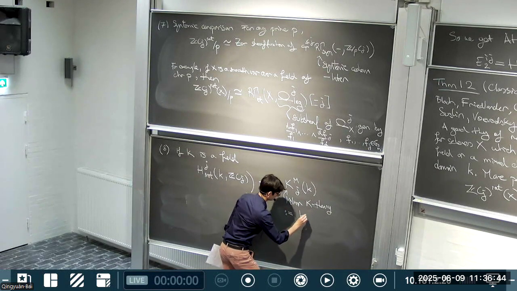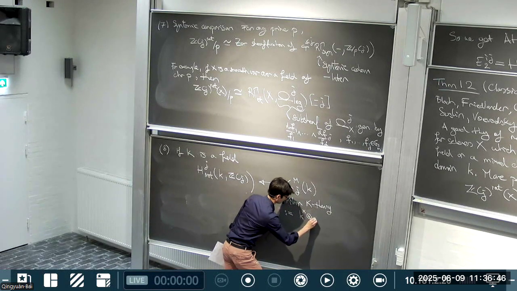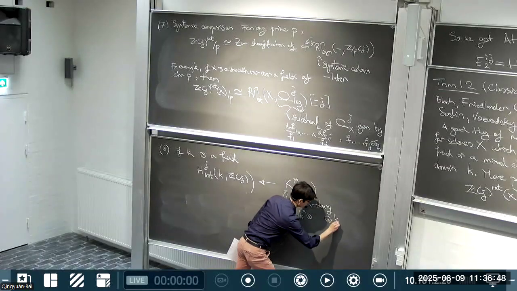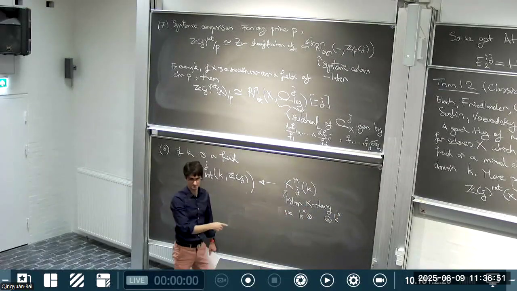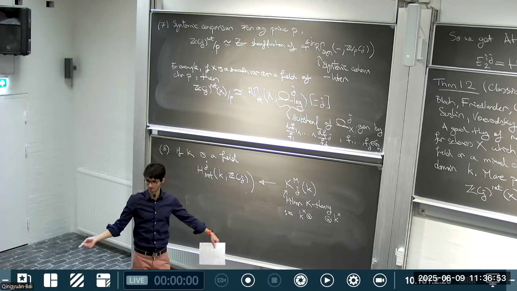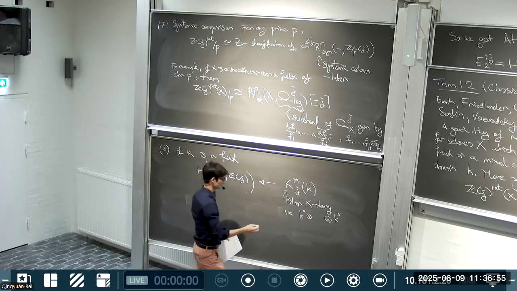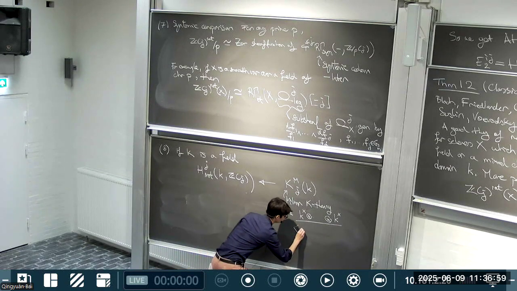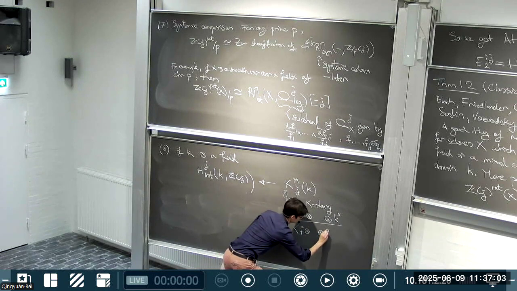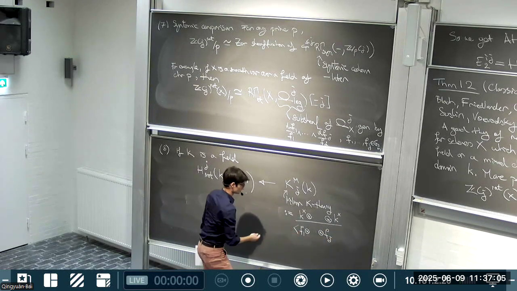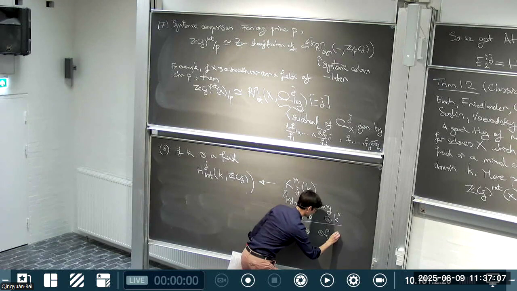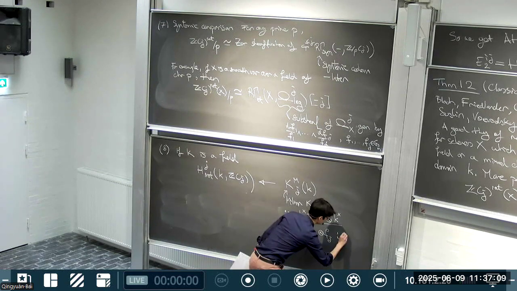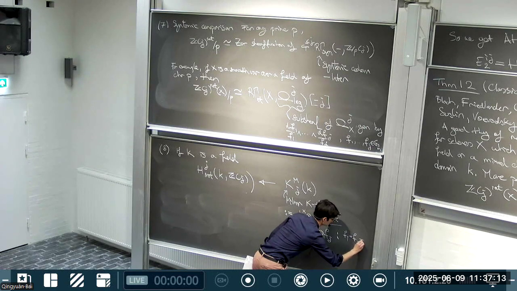I take J copies of the units of K, I tensor them all together, and I mod out by the relation that F1 tensor through Fj, where these are all nonzero in my field, I kill this if ever Fa plus Fb is equal to 1.